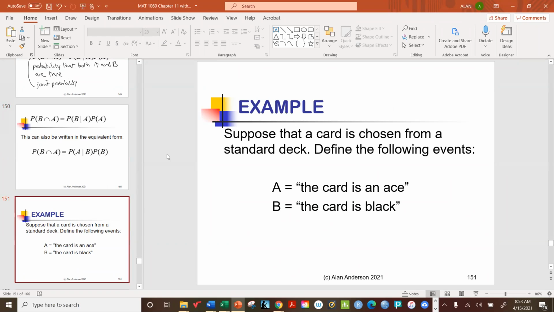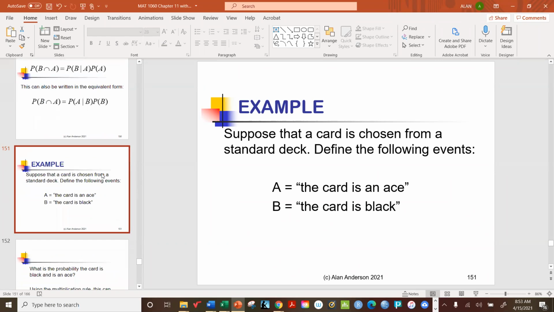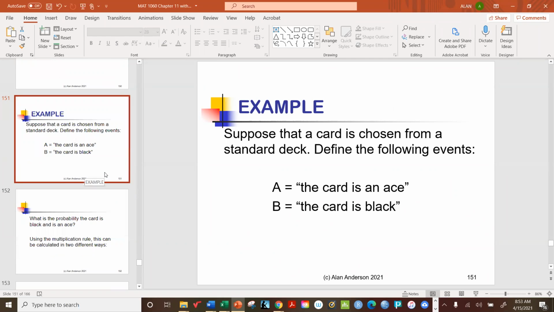Okay, well, we know a couple of things here. First, before we go any further, let's just note that the probability of A is 4 out of 52. And the probability of B is 26 out of 52, which is 1/2.